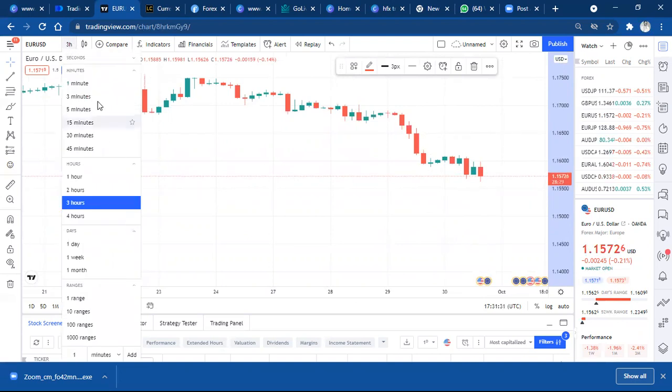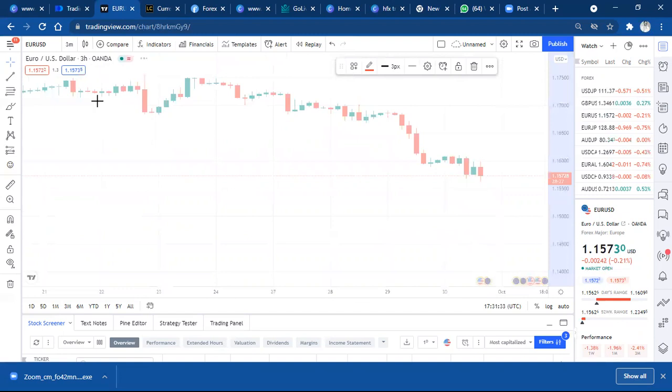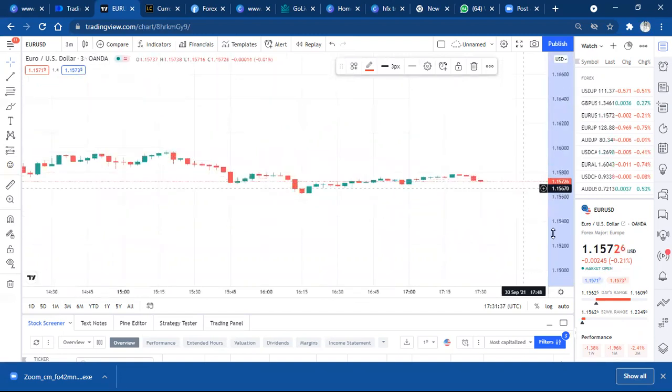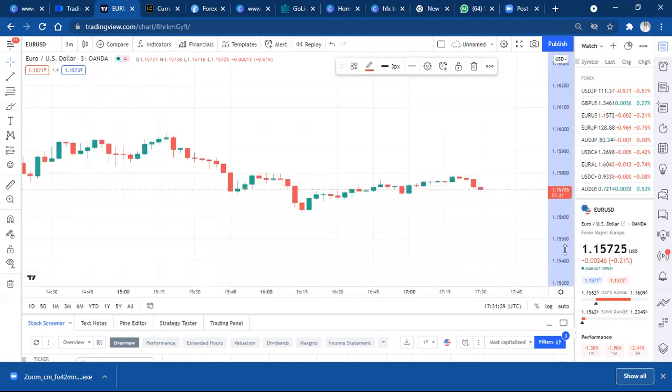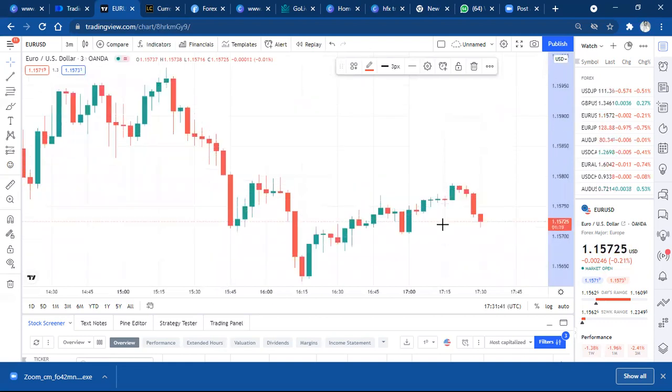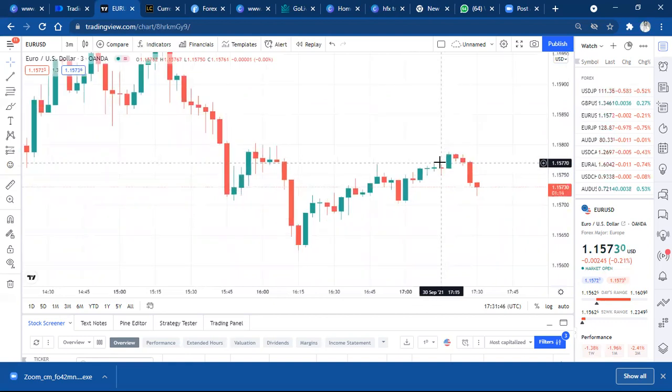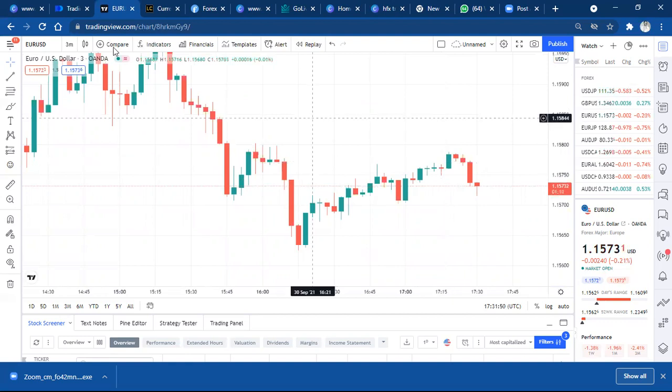So I can change it to 5 minutes time frame, and all the candles would respond. They will be adjusted to 3 minutes. That's it. Excuse me.